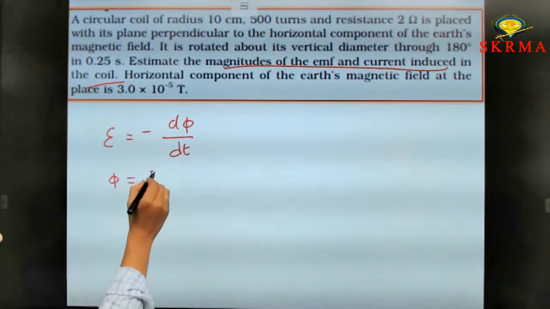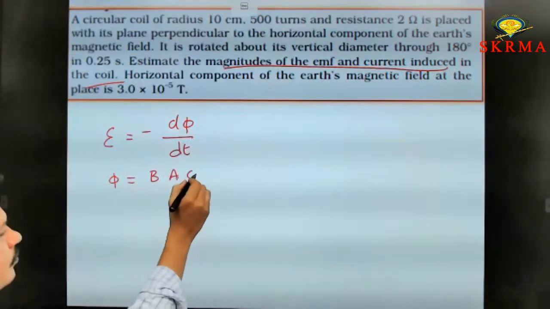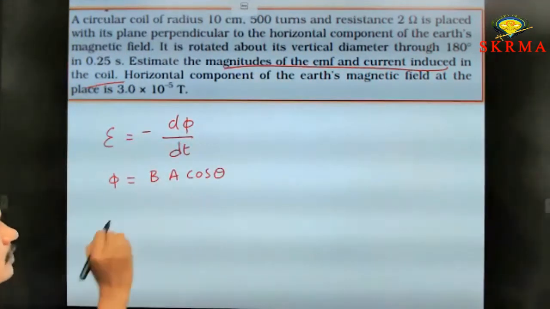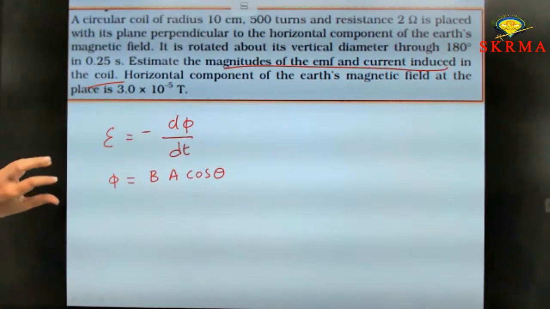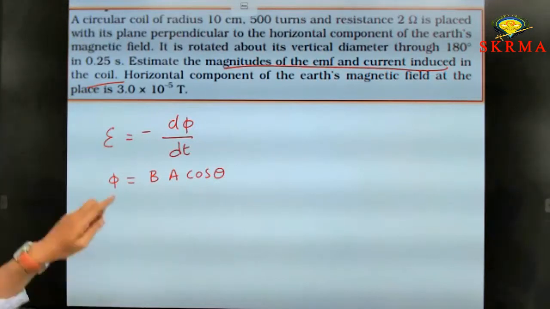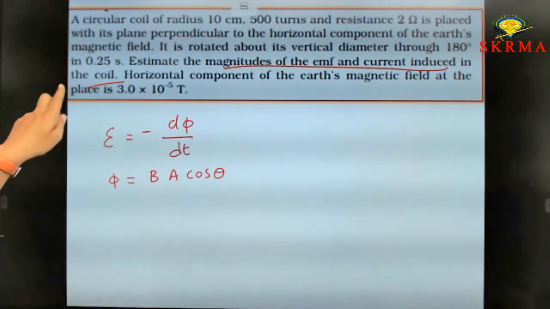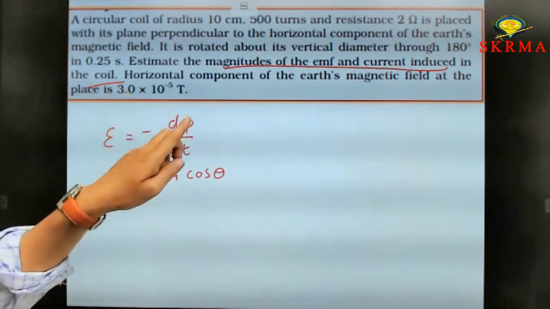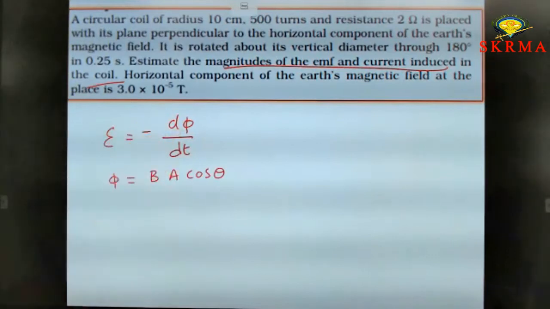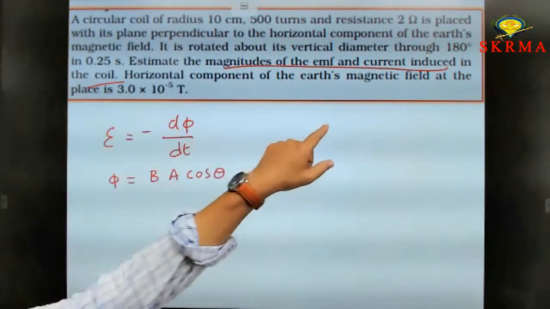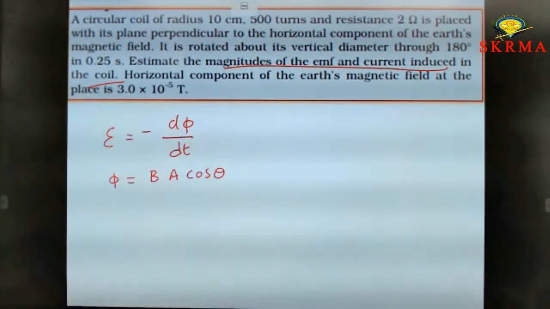The phi equation is B dot A, or BA cos theta. Initially we have to calculate flux in two different cases. In the first case, the plane is perpendicular to the horizontal component of Earth's magnetic field, and in the second case, it is rotated 180 degrees.